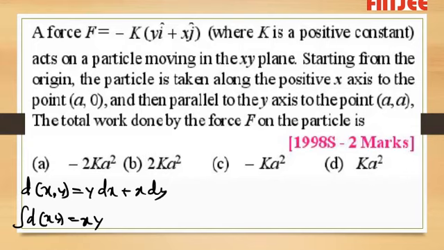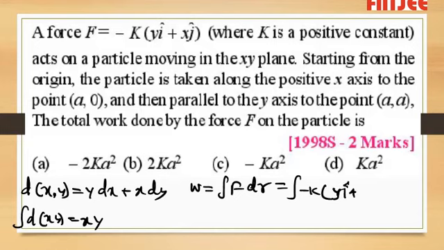Now let us come to the question. Here, work done is equal to integration of F dot dr. I can write minus k outside because it is constant.